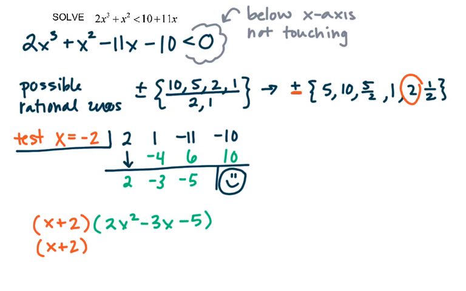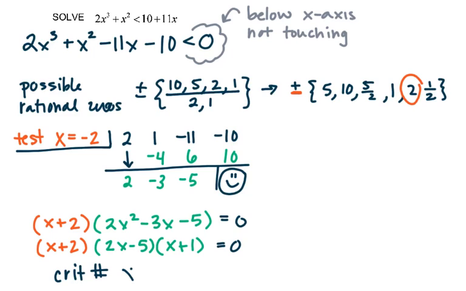We could repeat synthetic division, or we could notice that this factors and I get 2x minus 5, x plus 1. So we are trying to see where this is below or not touching the x-axis. Okay, if we treat it like an equation, my zeros, or my critical numbers, are x equals -2, +5 halves, and -1.